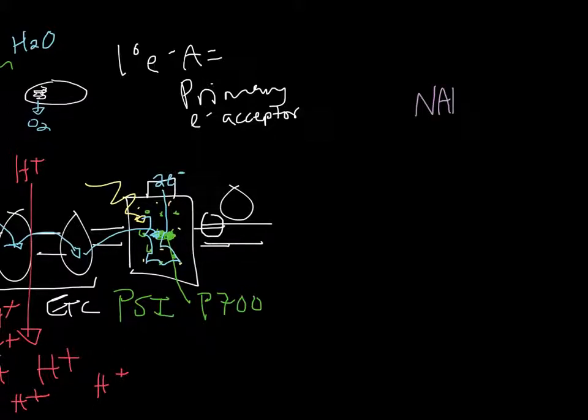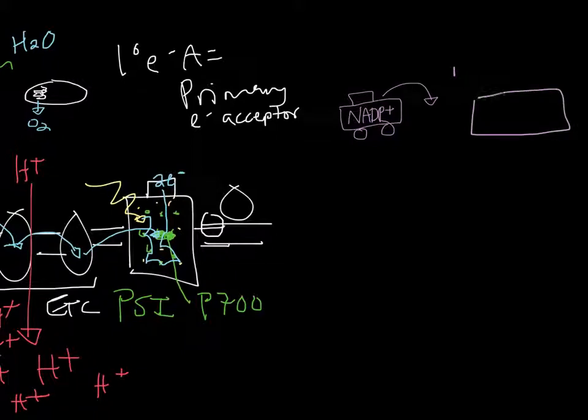So this is called NADP plus when it's empty, so I think of it as the cab. And then it picks up some electrons and it's going to go to being full. Pick up 2 at a time. There are little electrons, and now it has a different name, NADPH.